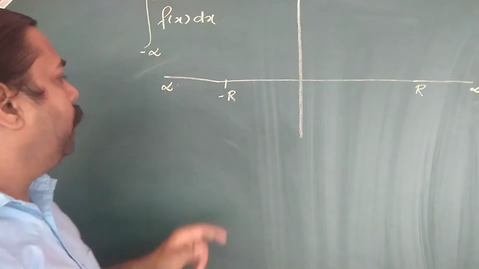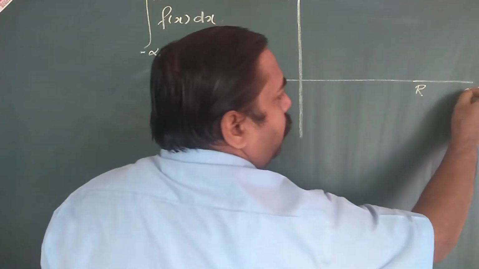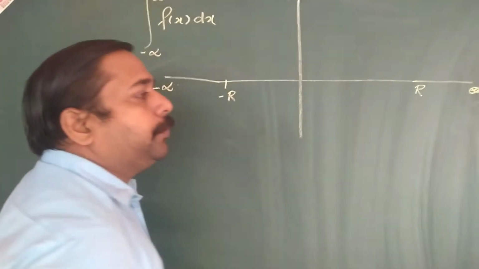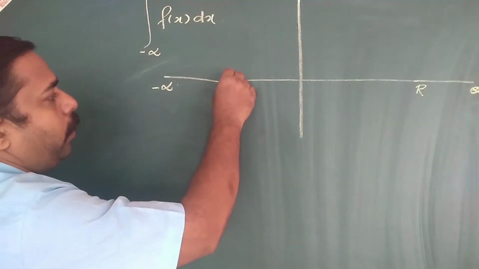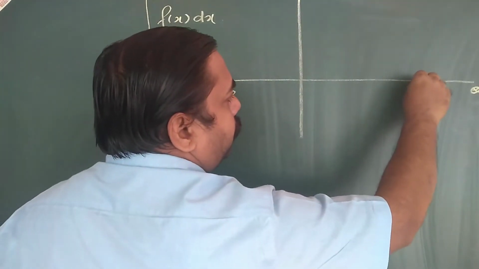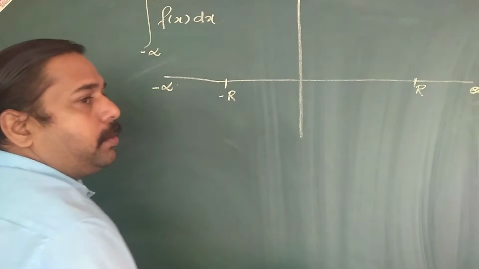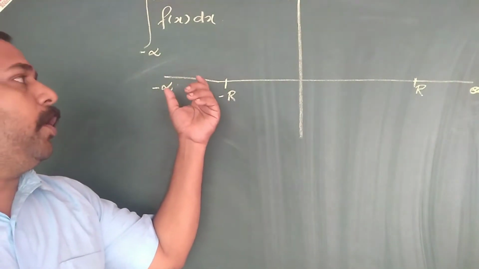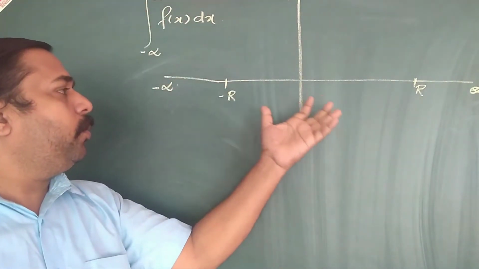So this is minus infinity. So this is plus infinity. So let us take this one, minus R to plus R. To solve these problems in complex numbers, we need this closed curve.